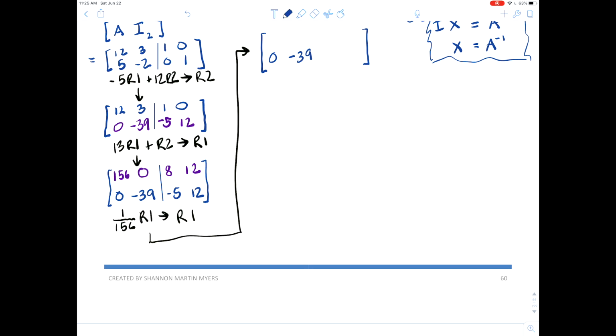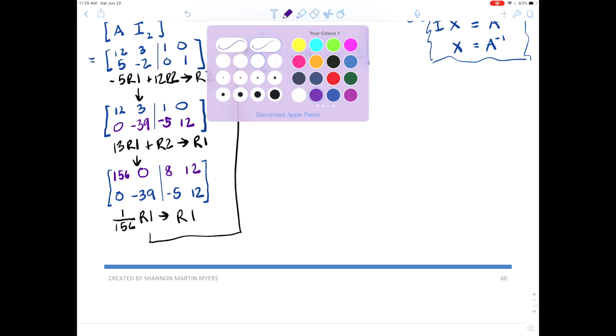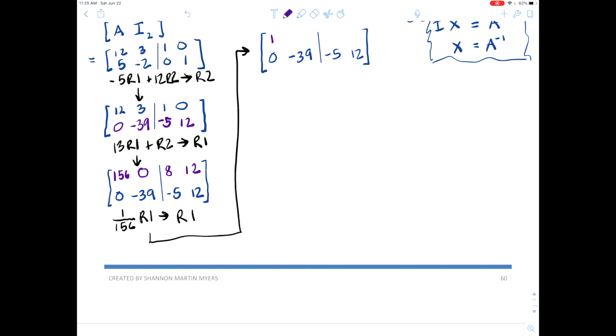There's not going to be any change there right now. And our new row 1 will be 1, 0. So 1 over 156 times 8 is going to give us, I think, 2/39ths. Does that look all right?